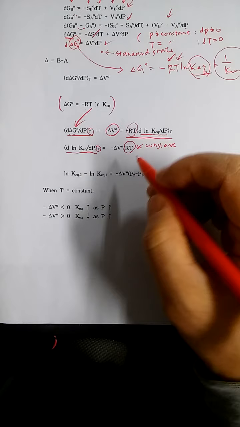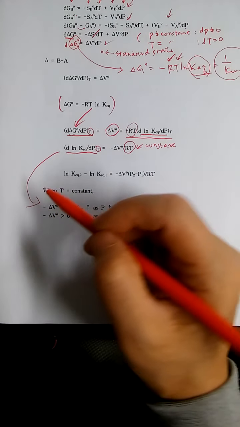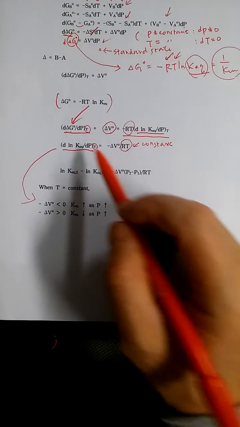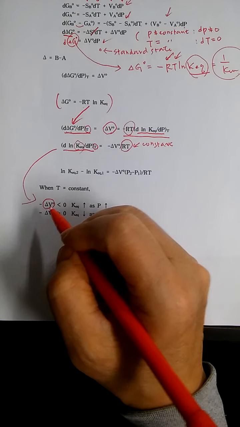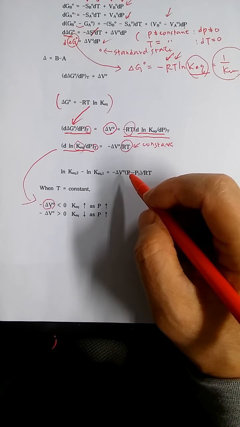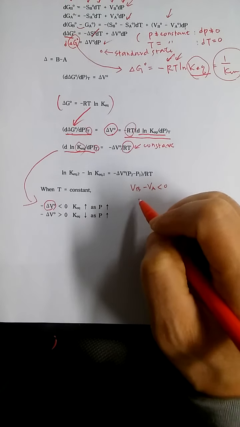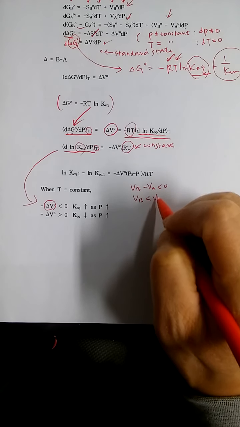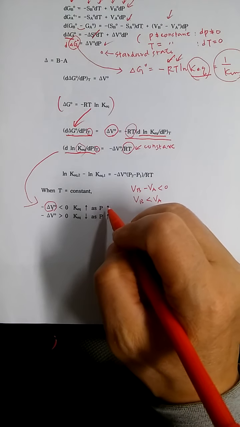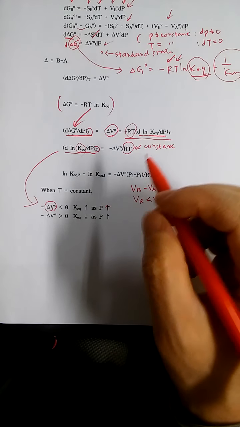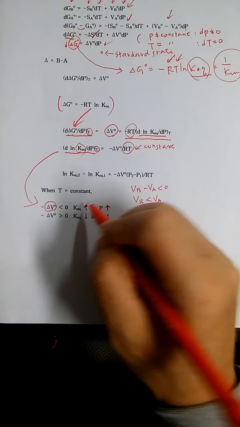If we qualitatively discuss the pressure effect on K equilibrium: if delta V has a negative value, which means VB minus VA is negative, so volume VB is less than volume VA, then as we increase pressure, the equilibrium constant value increases.